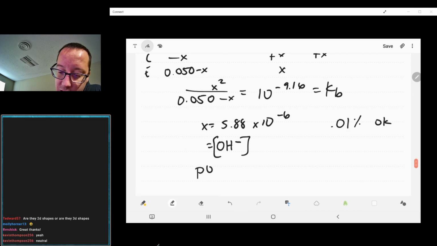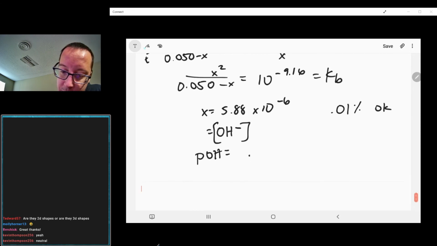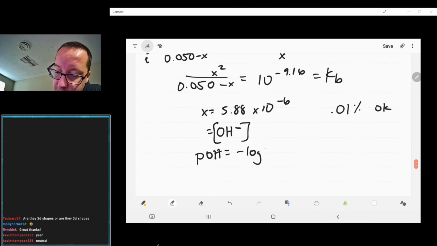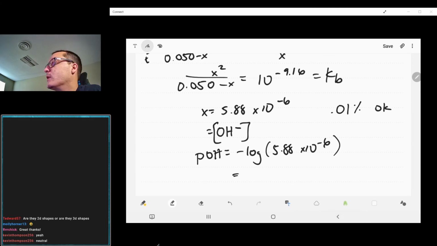So the pOH will equal the negative log of 5.88 times 10 to the negative 6, which equals 5.23.